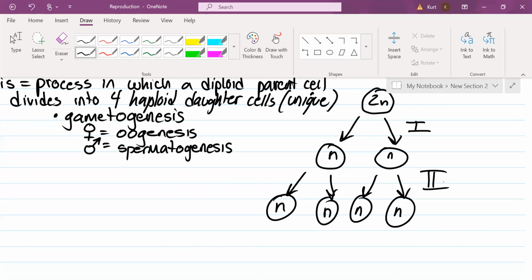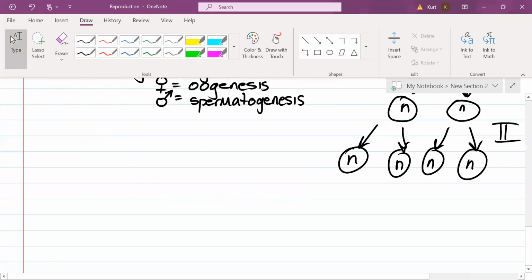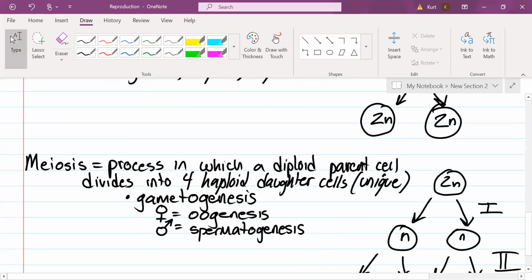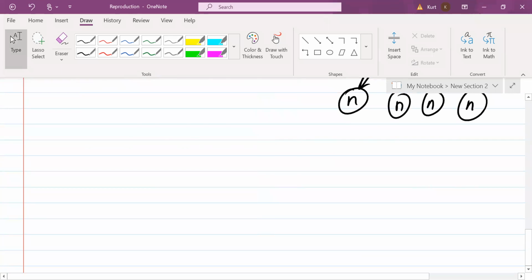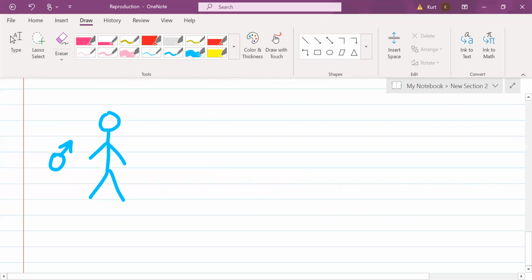All right, and we can get into all that when we get into genetics, which is going to start next unit. Okay, so now we have these terms all hashed out. Let's go over the reproductive cycle I want to explain to all of you. So first off, let's have a male. So this is a male human, and he is diploid. All of his cells except for one type are diploid, okay?